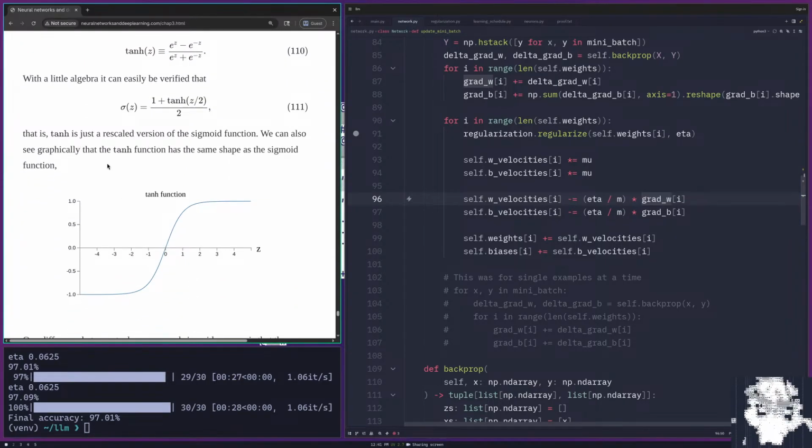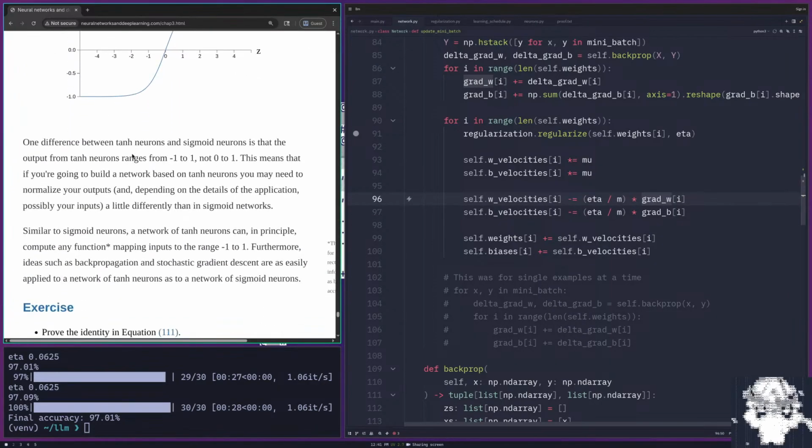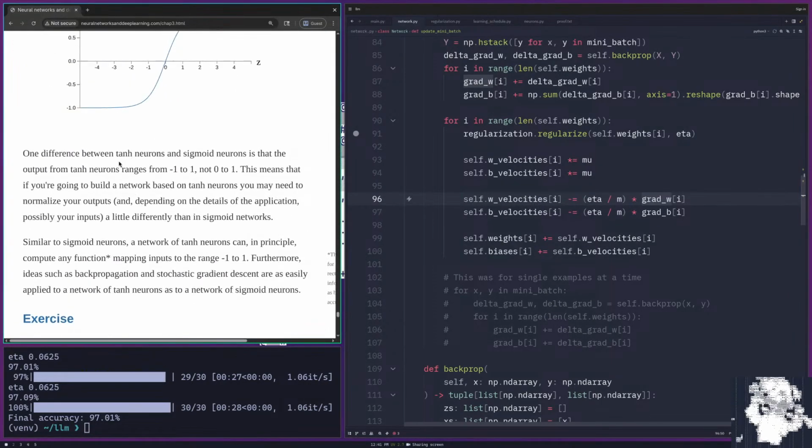We can also see graphically that the tanh function has the same shape as the sigmoid function. One difference between tanh neurons and sigmoid neurons is that the output from tanh neurons ranges from -1 to 1, not 0 to 1. This means that if you're going to build a network based on tanh neurons, you may need to normalize your outputs, and depending on the details of the application, possibly your inputs, a little differently than in sigmoid networks.